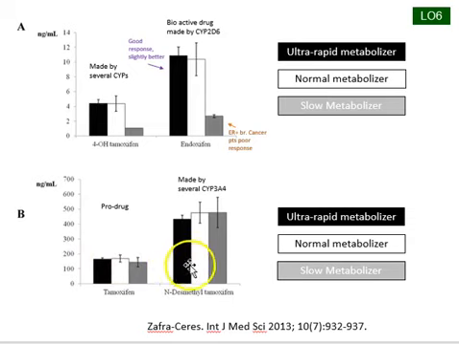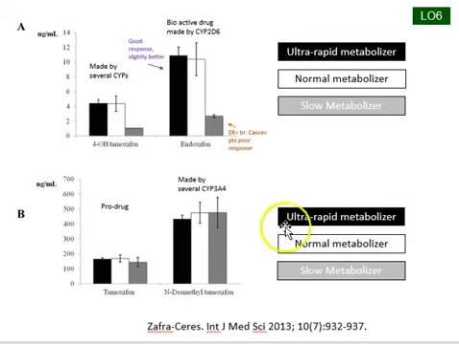Now if we look at the two metabolites, 4-hydroxytamoxifen and N-desmethyl tamoxifen, we can see that the normal metabolizers and the ultra-rapid metabolizers made essentially the same amounts of this metabolite, but the slow metabolizers made a statistically significant reduction in that compound.